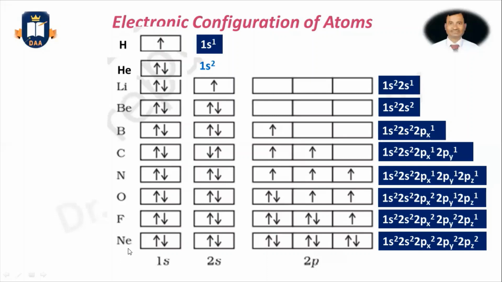So in case of neon, all 1s, 2s, 2px, 2py, 2pz are filled with 2 electrons in each case. So we can write its electronic configuration as 1s2, 2s2, 2px2, 2py2, 2pz2.